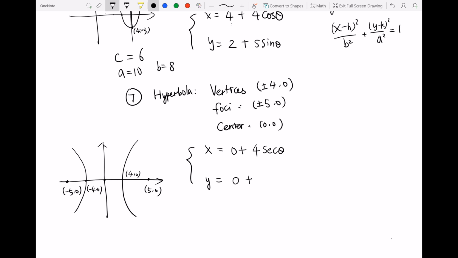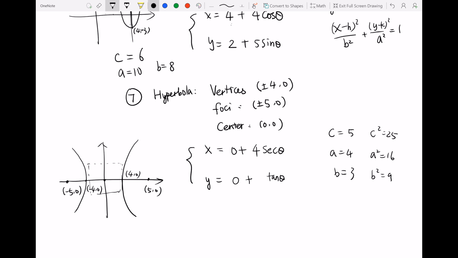Alright, so now I can tell you that c equals 5 and a equals 4, and b equals what? Okay, so c squared equals 25, a squared equals 16, so b squared equals 9, b equals 3.